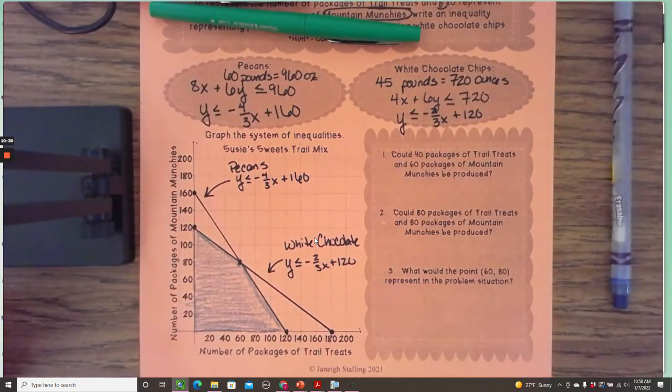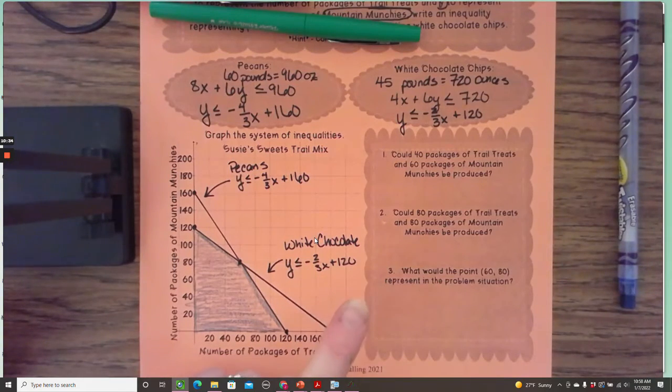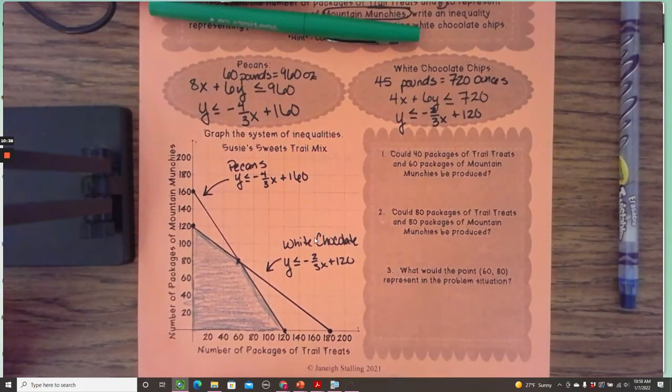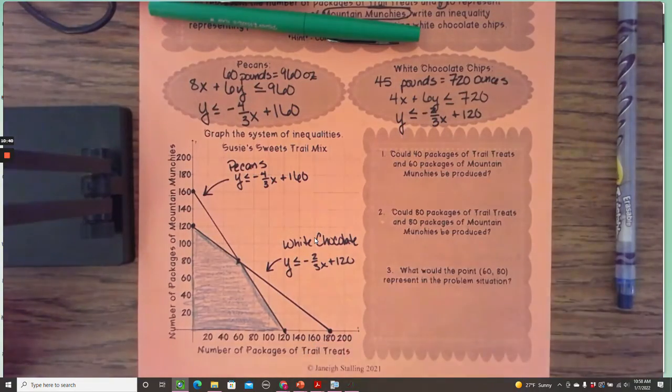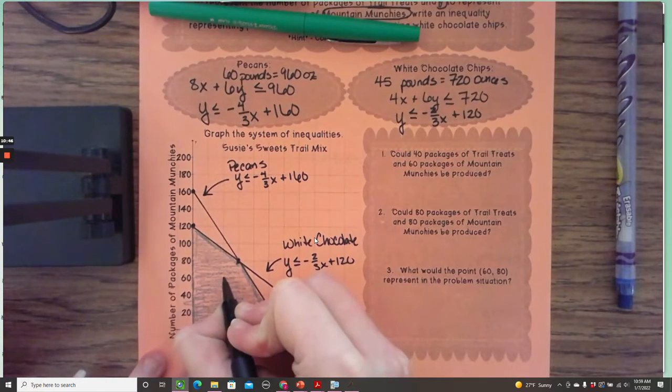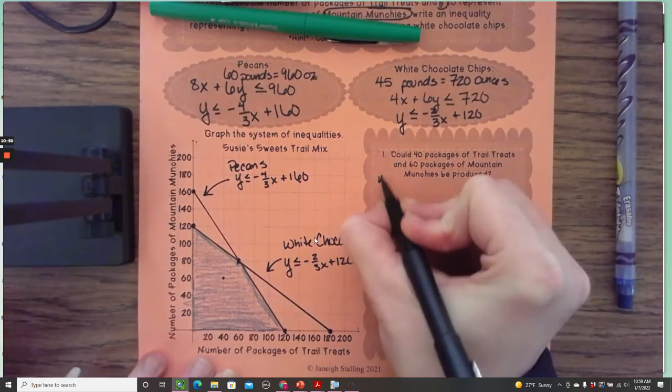Okay. So number 1 says, could 40 packages of trail treats and 60 packages of mountain munchies be produced? And so what I do is I look at my graph. 40 on the X, 60 on the Y. That's this point right here. So yes, we could do that.